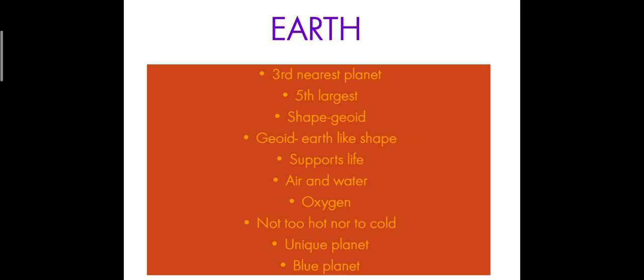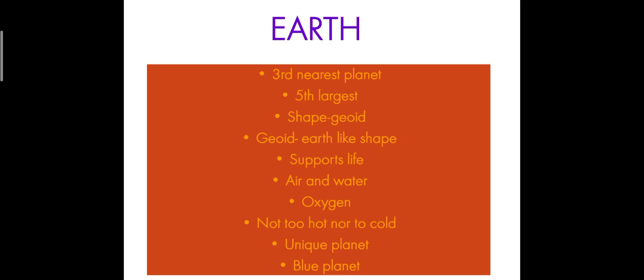So, the Earth is the third nearest planet, fifth largest, and it has air, water, oxygen, not too cold, not too hot. Human beings and animals can live here. Children, Earth is called a unique planet just because it has air, water, oxygen, and a good climate. It is called a unique planet because no other planet has human beings. Only Earth has. That is why it is called a unique, special planet.